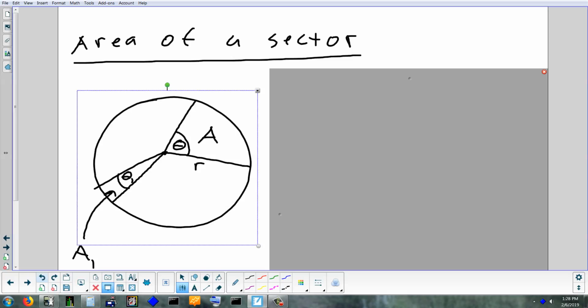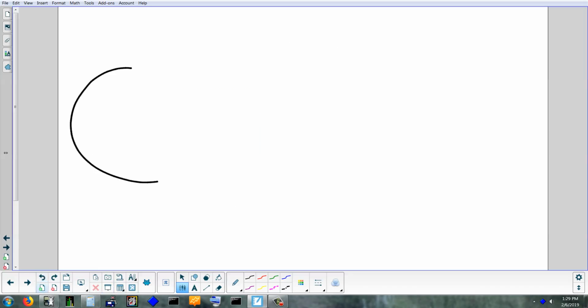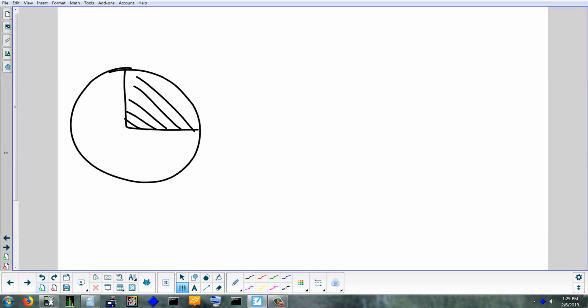So when we're done, we're going to have a formula that says A equals, and then an expression that gives us area. First thing I have to mention about it is, again, angle size and area size are directly proportional. If you had an angle that was 90, that's the sector that it would take up.